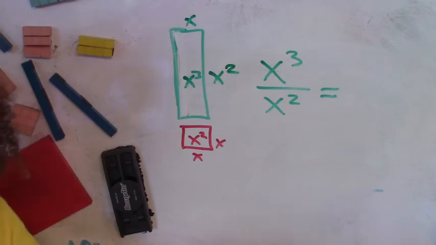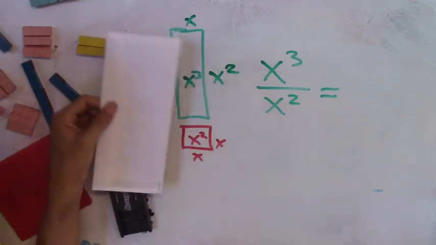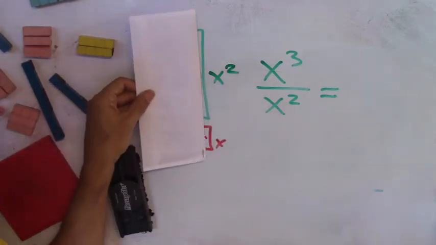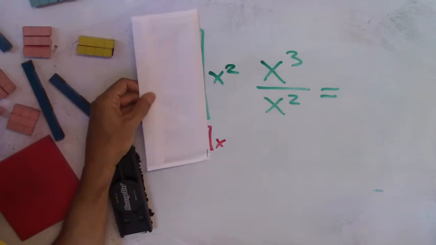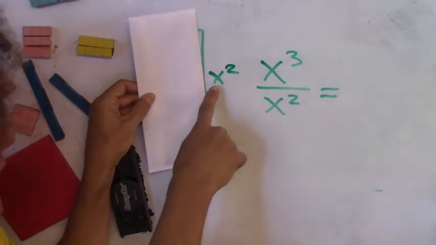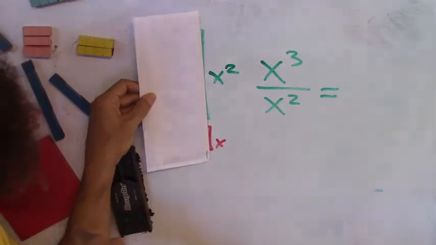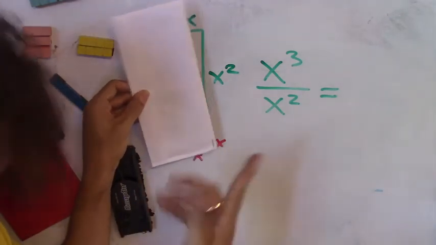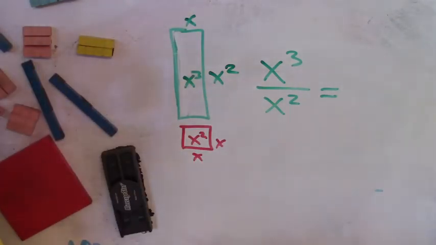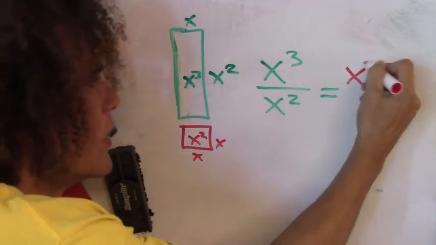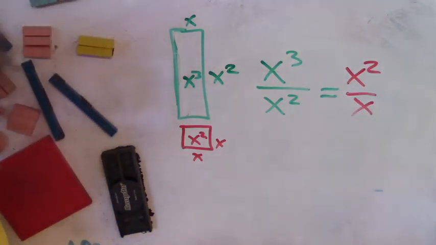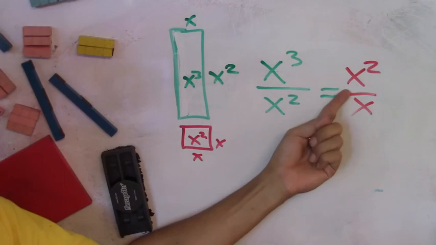Okay, it equals x over 2 over... Wait a minute. You got to say it right. X squared. X squared over x. There you go. Done. Look at you. Yeah. It's just x squared over x. Now wait a second. I can reduce that further.